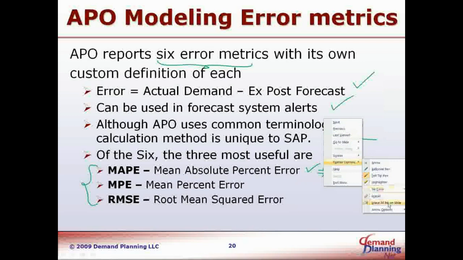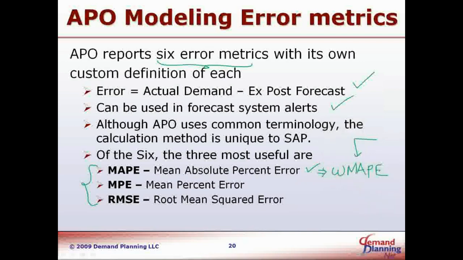Although APO uses common terminology, the calculation method is unique, right? Now, of the 6, the 3 most useful are MAPE, MPE, and RMSE. MAPE stands for mean absolute percent error. MPE stands for mean percent error. And RMSE stands for root mean squared error.